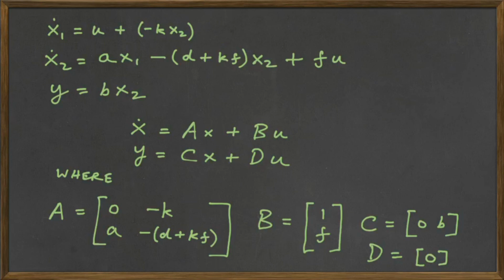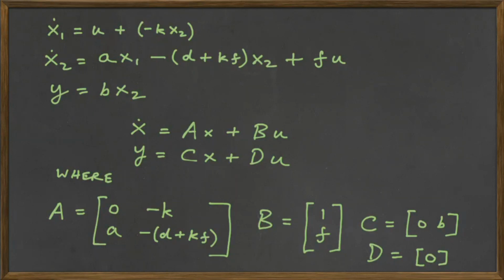As you can see, there is no x1 in the x1 equation, the x1 differential equation at the top. All we have is u plus minus kx2. So the fact that there is no x1 in x1 dot means that we have to put a 0 there in that element of the matrix.